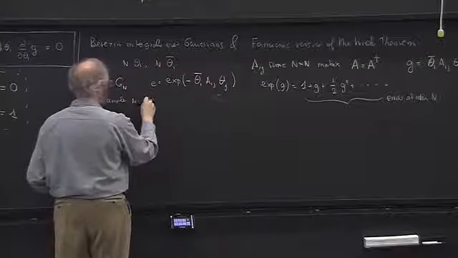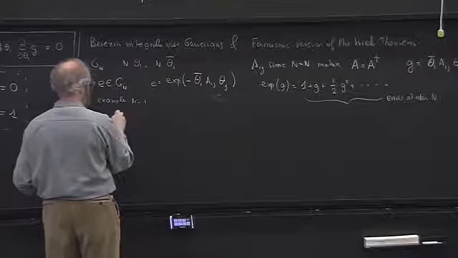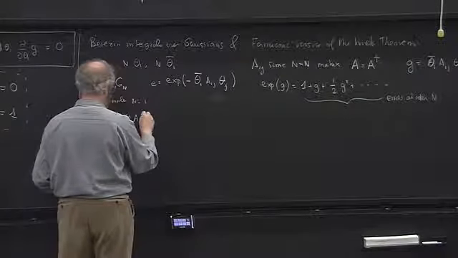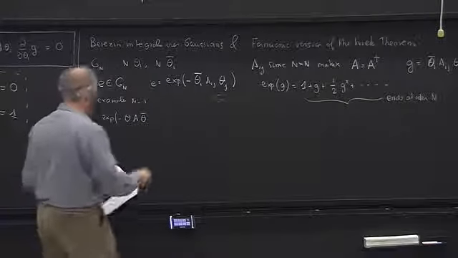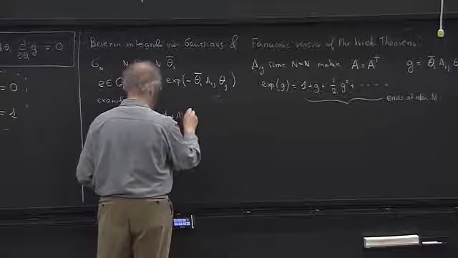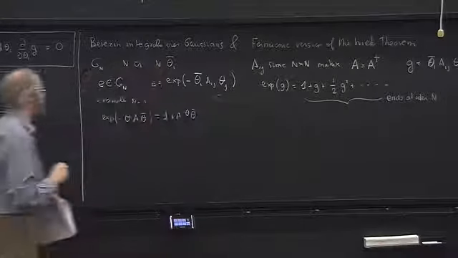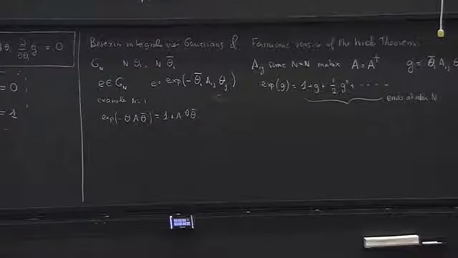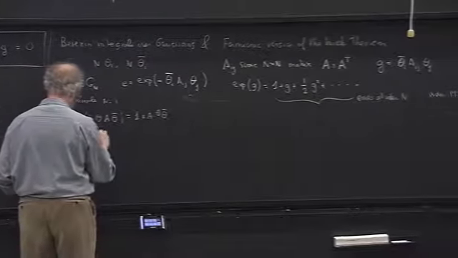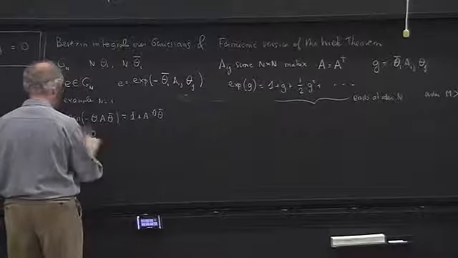If you have n equal 1, exponential of minus theta a theta bar is just 1 plus a theta theta bar. For n equal 2, it's a bit more complicated.